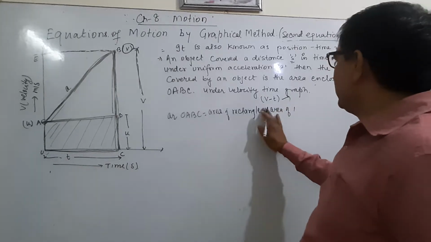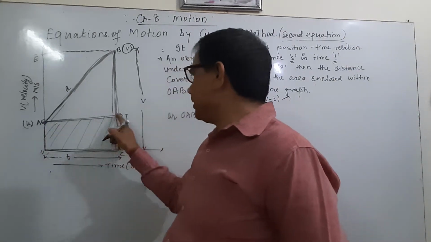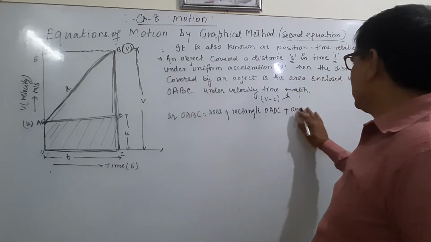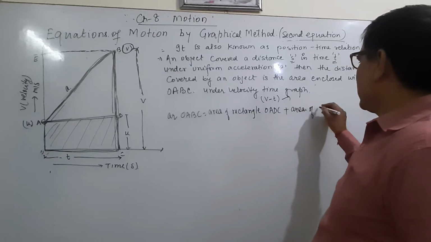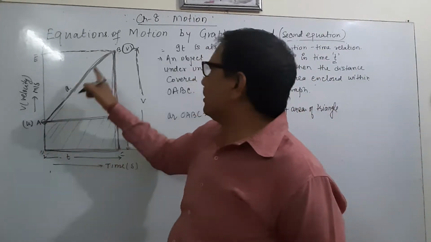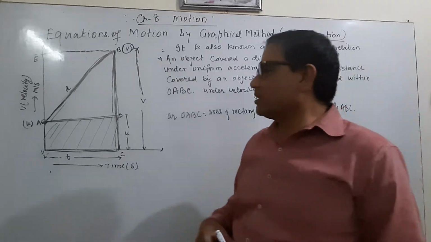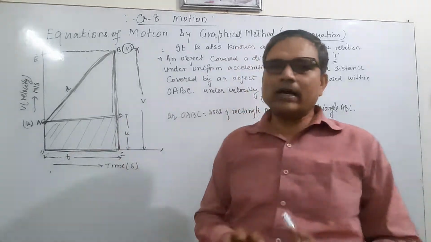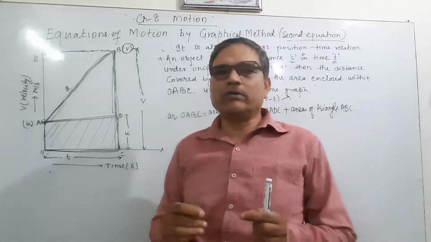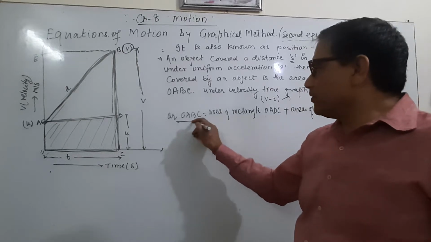Area of triangle ABD. And now you will think that sir is calculating the area of the rectangle plus the area of the triangle. Why am I not applying the formula of the trapezium? For this second equation, we need to find out the areas separately. And then the area covered is equal to S.